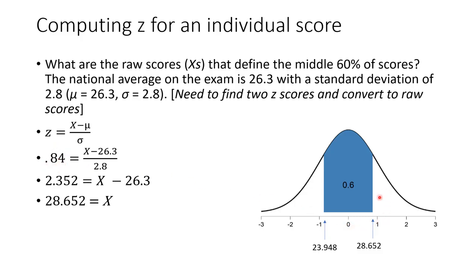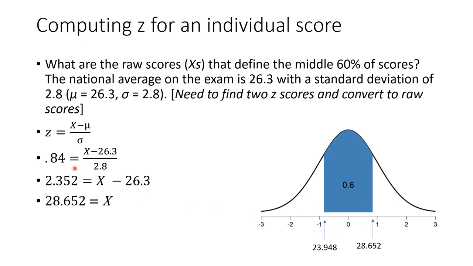You could look it up again, but this area of this curve is still 20%, so you know that. An easier way to think about it is you know that a normal curve is symmetrical, and you're talking about the middle 60%. So if you drew a line straight up through 0 there, this would be 30%, and this would be 30%. So that means this has to be 20, and this has to be 20. And since it's symmetrical, since this was negative 0.84, then this has to be positive 0.84.